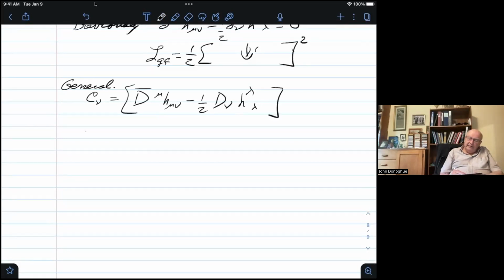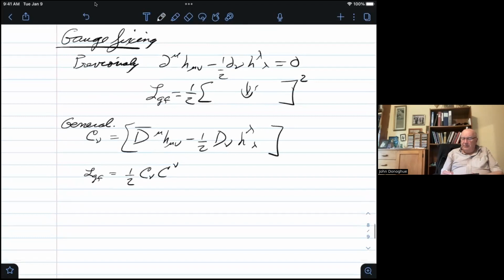And the gauge fixing Lagrangian would be the square of that. Okay, so gauge fixing is going to proceed, but with just covariant derivatives.